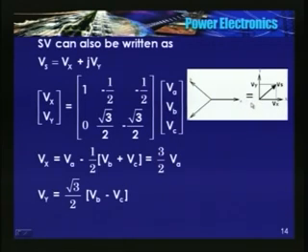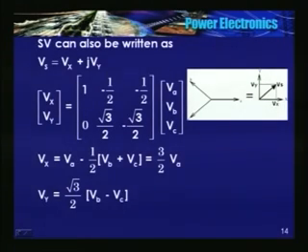So I will represent it in a 2-dimensional space, with an x-axis component and a y-axis component. Sometimes it is known as a d-axis component and a q-axis component, direct axis and quadrature axis, or you can also say x-axis and y-axis, it does not matter. And this is the space vector Vs.